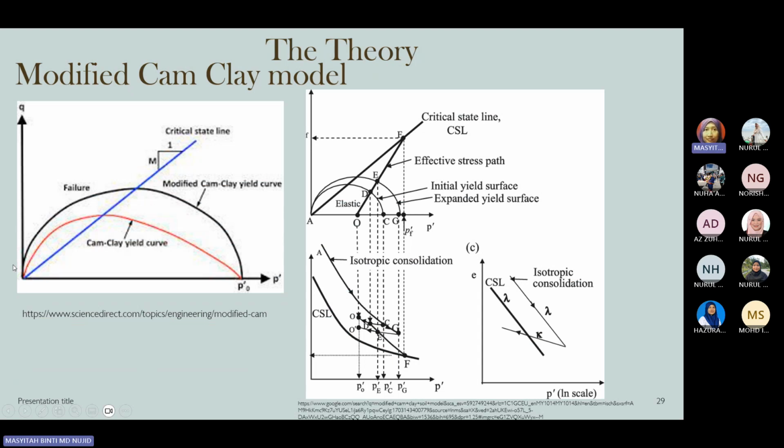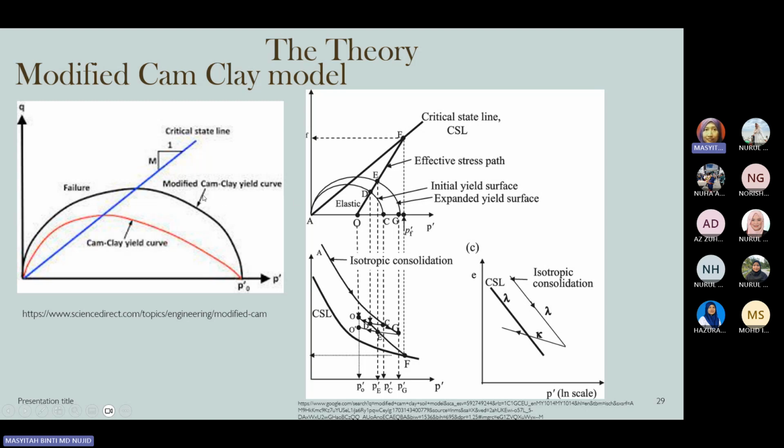The left figure here explains the difference of the yield criterion between the original Cam-clay and the modified Cam-clay curve. The red curve represents the original Cam-clay, which is elliptical in shape. However, the modified Cam-clay shows the yield curve as a semicircular or semi-elliptical yield surface.